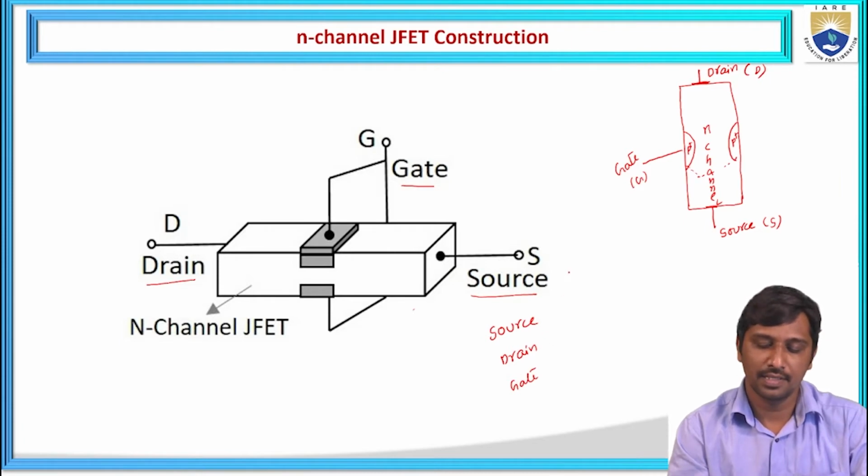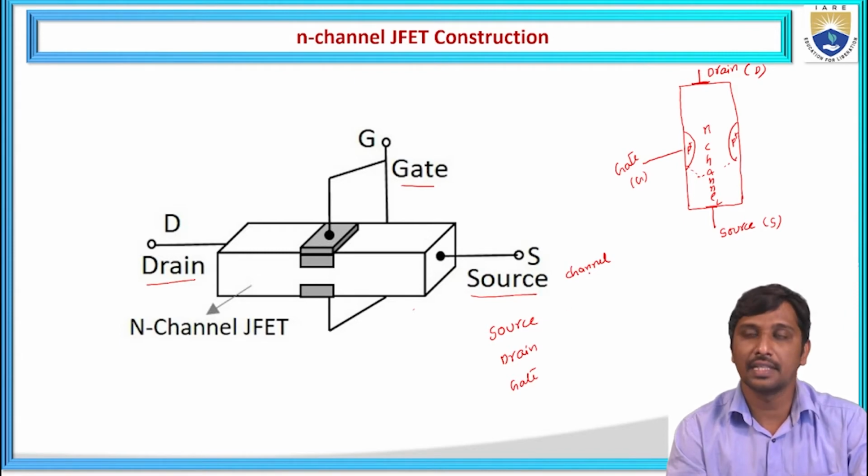And another one is the channel. So these are the three terminals along with one channel. The channel is either N type or P type. So coming to the source, it gives the charge carriers to allow the conduction. The source always gives the charge carriers to allow the conduction.